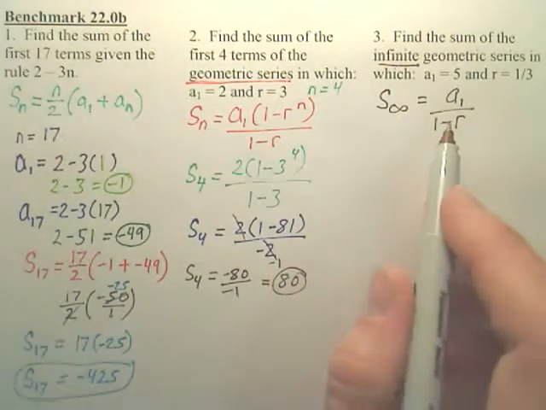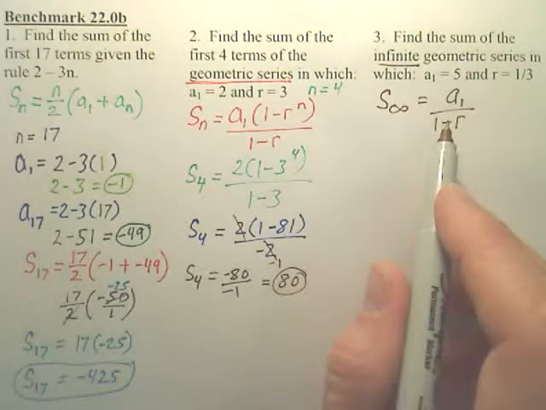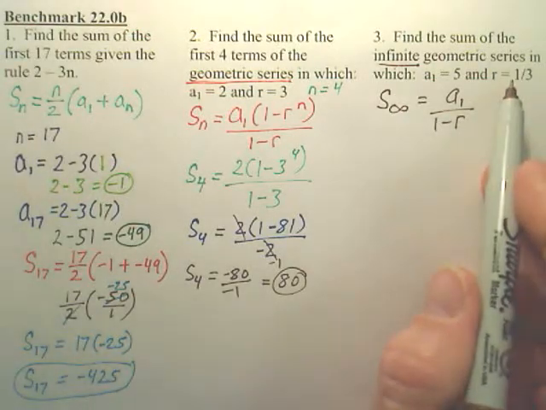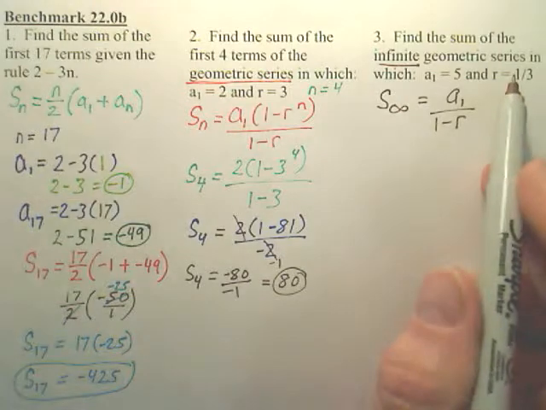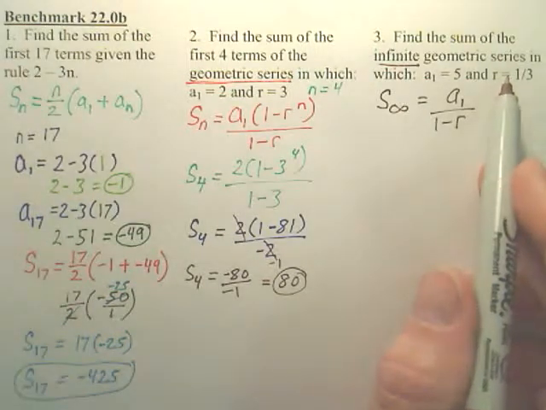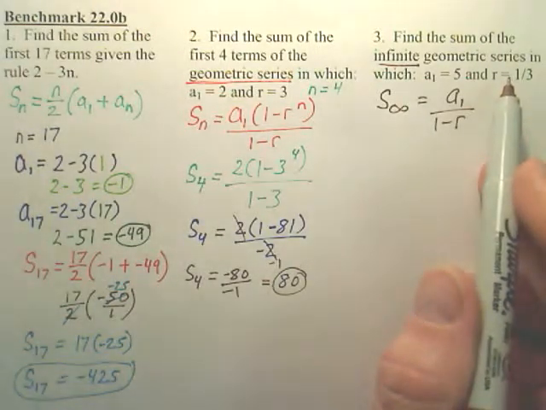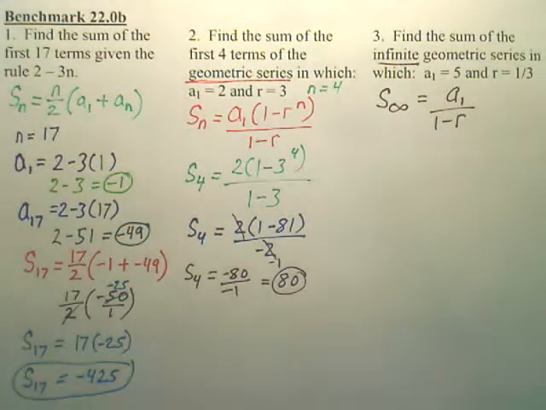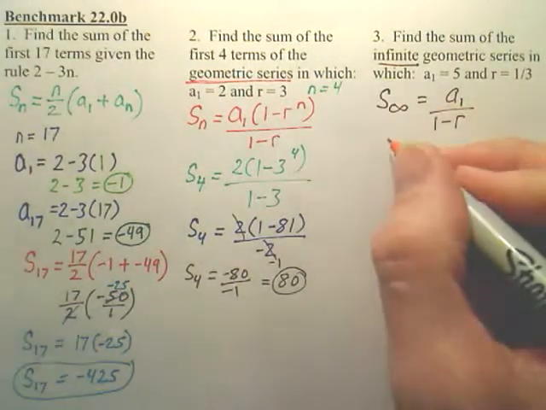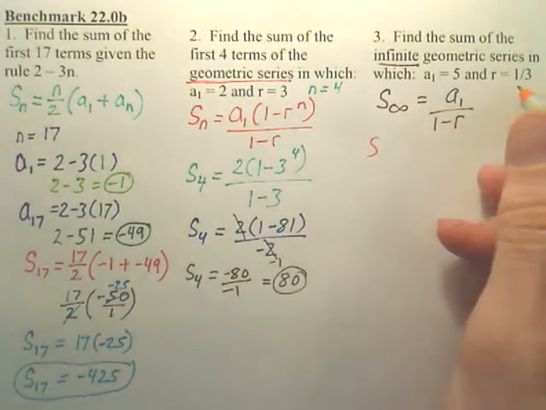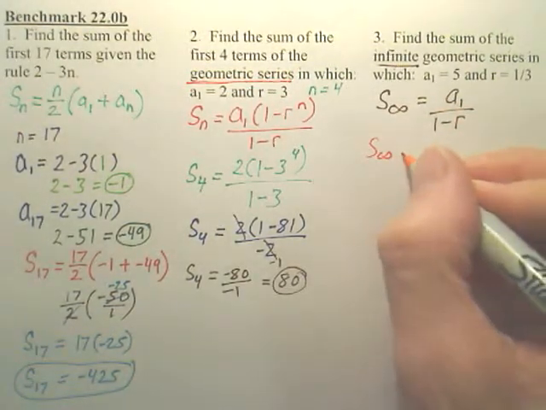Now, what's the stipulation on this one before we go any farther? Doesn't R have to be less than 1? A decay? Is this a decay? Yes. So we're okay. You first have to check that, or else you cannot do it. R has to be less than 1 to do this.